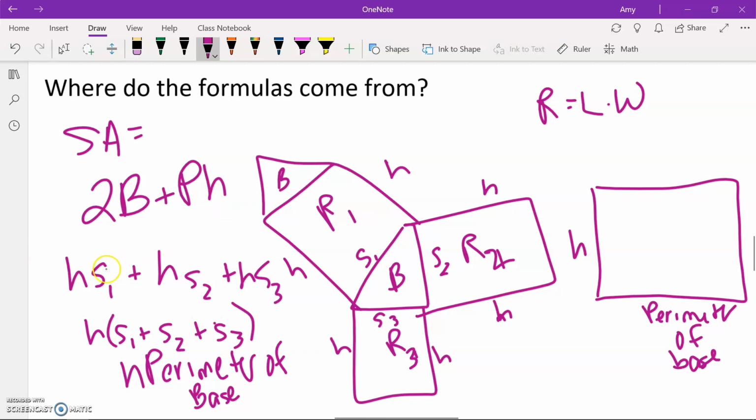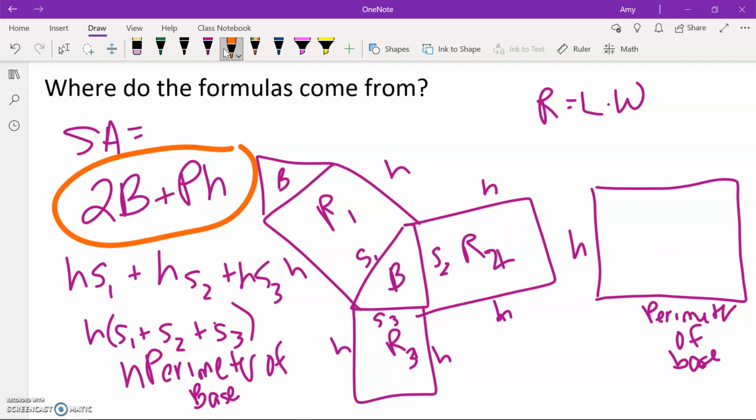Now, we could be more specific about how to find the area of the bases or the perimeter of the bases, depending on our type of shape, but I love this formula because it is super general. This will work for any prism or cylinder. All you have to do is find the area of the base and the perimeter of the base, and you will have the area of your surface.